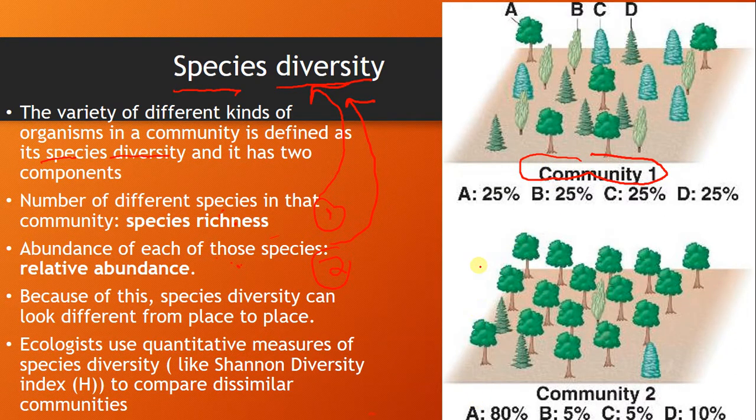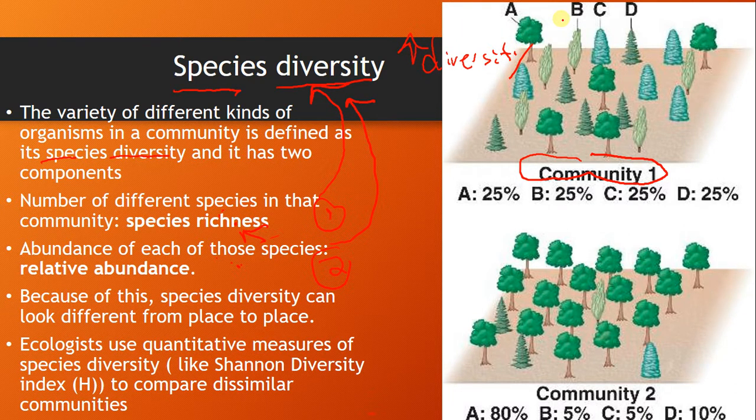They both have 4 different species, same species richness, but the relative abundance of each species in Community 1 is much higher than Community 2. So this would be higher diversity.